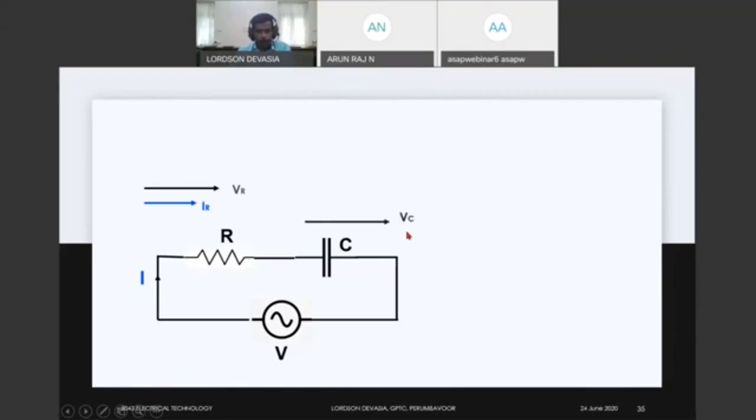This is the voltage across the capacitor. The current always leads. ഞാൻ ഈ രണ്ടാമത്തെ വേവ്ഫോമിനെ ഒന്ന് അറേഞ്ച് ചെയ്യുകയാണ്. അതായത് രണ്ട് വെക്ടറിലും ഒരു -90 ഡിഗ്രി റൊട്ടേറ്റ് ചെയ്യുന്നു. So this becomes IC and this becomes VC. ഇവിടെ നോക്കിയാൽ നമുക്ക് മനസ്സിലാവും, the IC always leads the voltage by 90 degree.